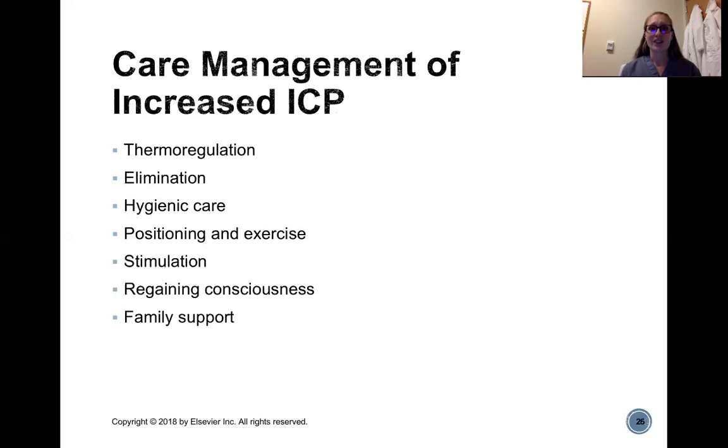Hygiene care. We talked in the cardiac lecture, or we will talk in the cardiac lecture, depending on the order, about how much bacteria is in the mouth and that bacteria being released. So hygiene care is going to be incredibly important. We're going to want to provide it twice a day, making sure that the skin is clean.